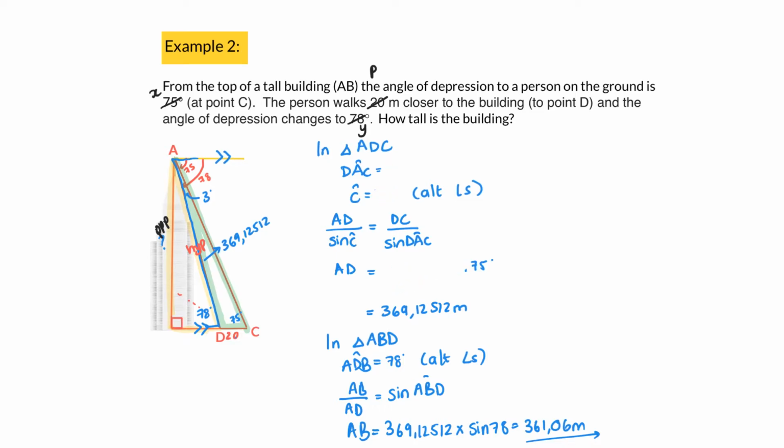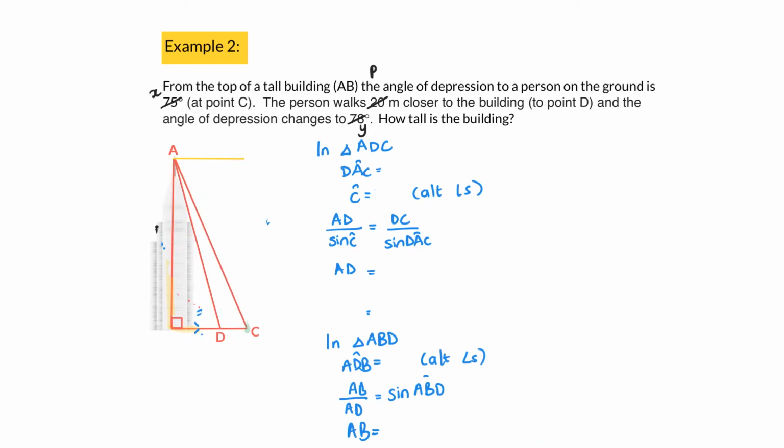So I'm removing all the values so that I can just work with the variables. What else needs to go? That last step. And then let's just clean up our sketch a bit.